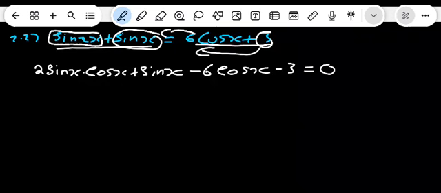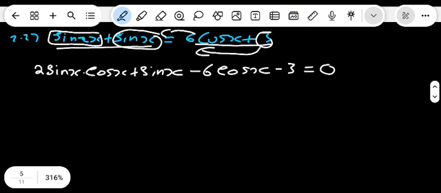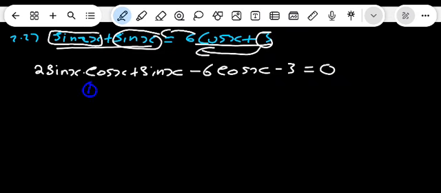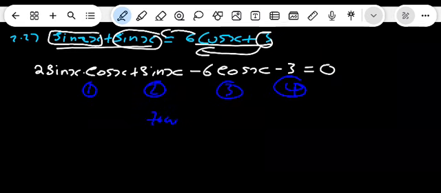What have you noticed? Take note, we have 4 terms. We have 1, 2, 3, 4. What comes to your mind when you have 4 terms? If you have 4 terms, think about factorizing by grouping.